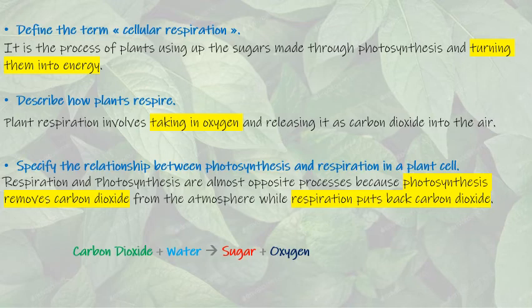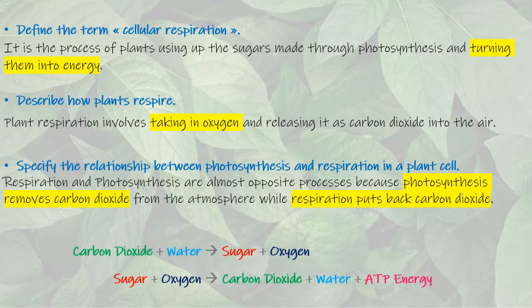What happens now during respiration? They use sugar and oxygen, they mix them together to produce carbon dioxide, water, and ATP energy. And as you can see, we have opposite equations.